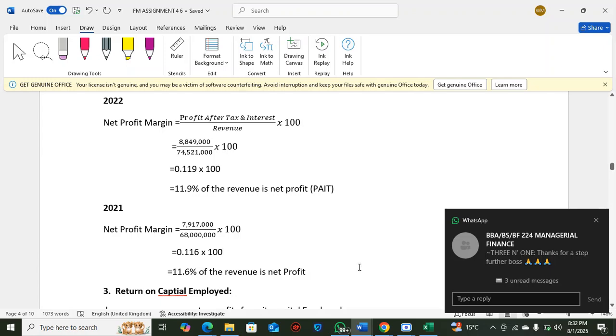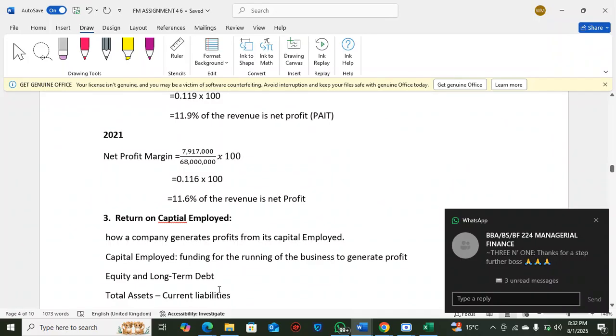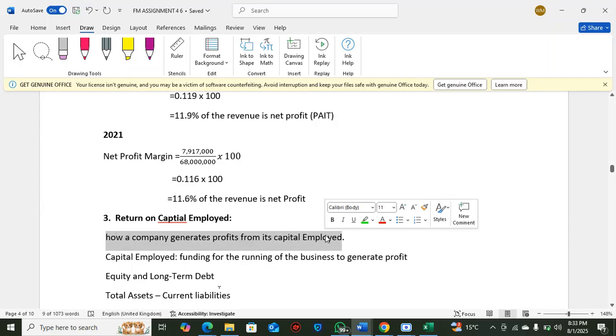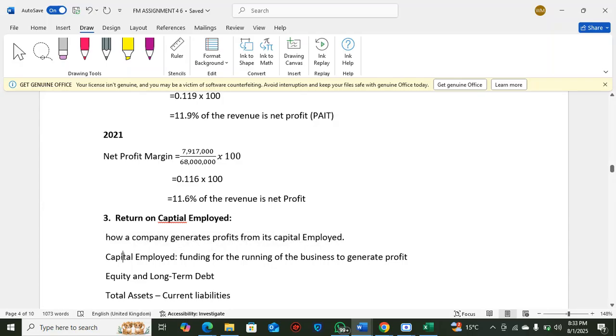Okay. The next ratio is return on capital employed. How a company generates profits from its capital employed. Capital employed is funding for the running of the business to generate profit. But this is long-term funding.